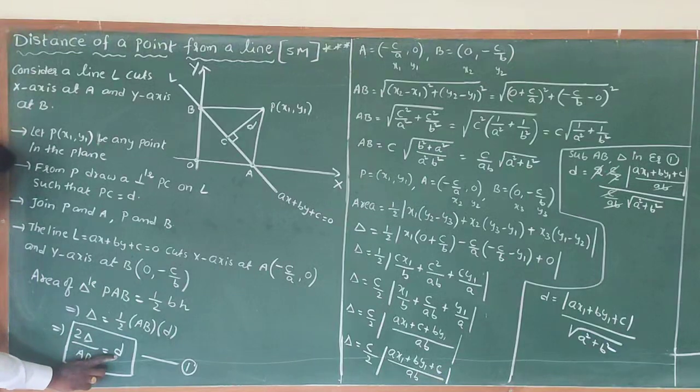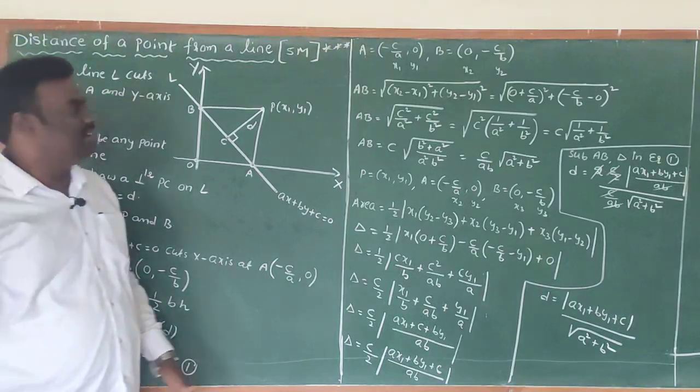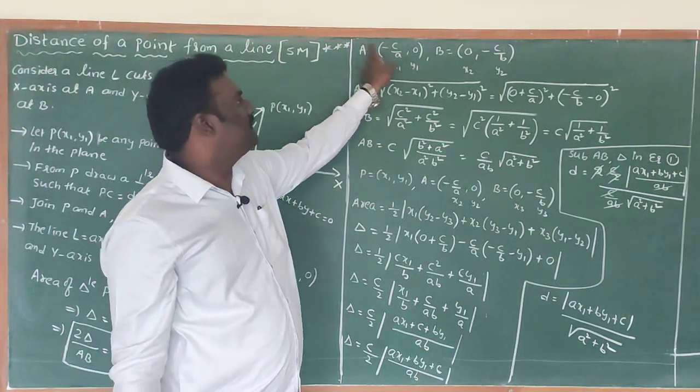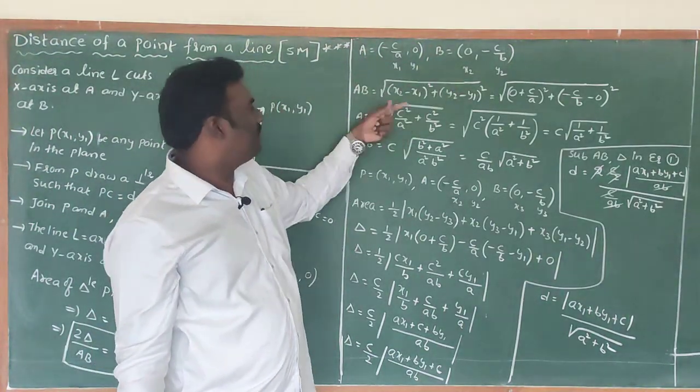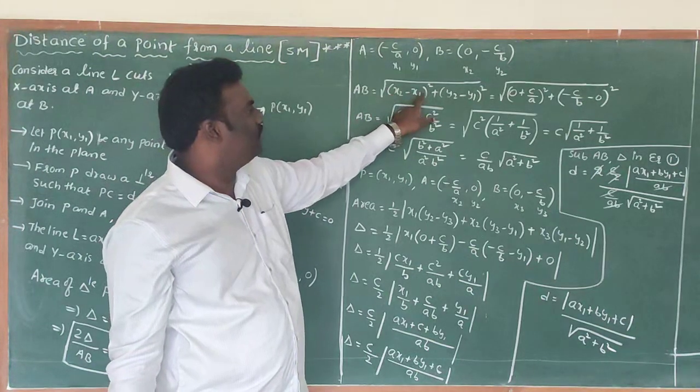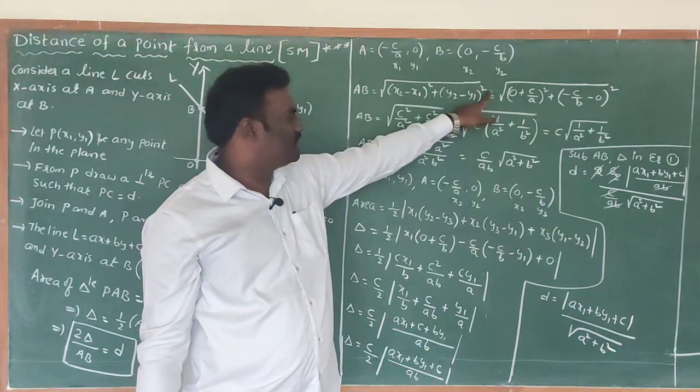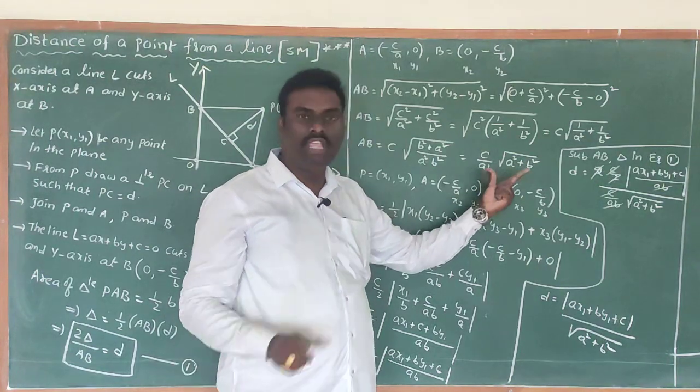If you want to find the distance, we require delta value and AB value. AB is what? Distance between 2 points. Delta is what? Area of triangle. That's why first I am finding distance between 2 points. What is the formula? Under root of (x2 minus x1) whole square plus (y2 minus y1) whole square. We got this. AB over.